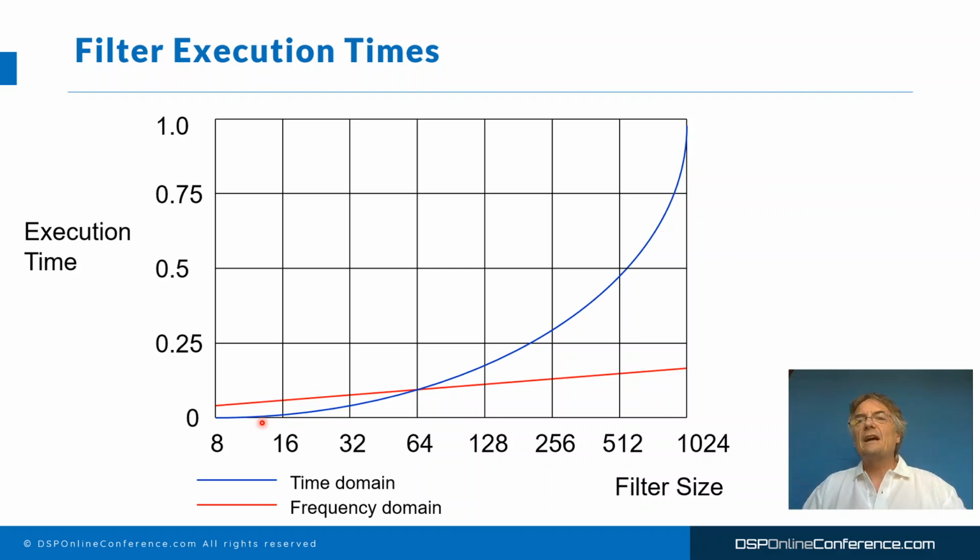But what I basically found was that for very small filter lengths, up to about 64 points, just using the standard time domain convolution required less MIPS than the frequency domain approach. But once you get to much larger filters, certainly once you get up into the hundreds of coefficient filter lengths, then you find that the frequency domain approach wins massively.